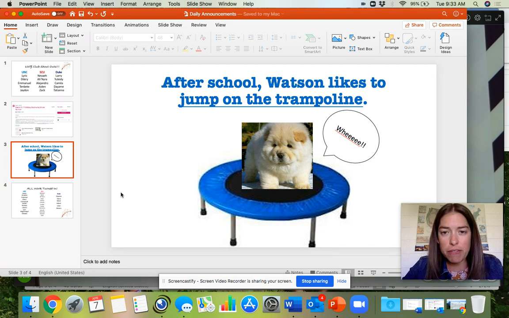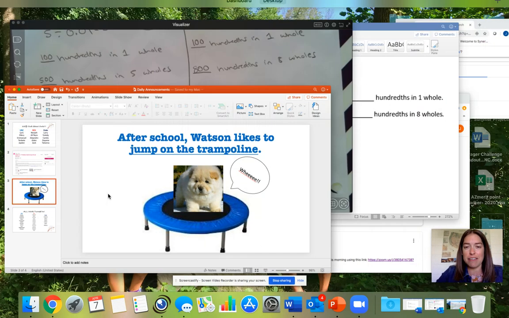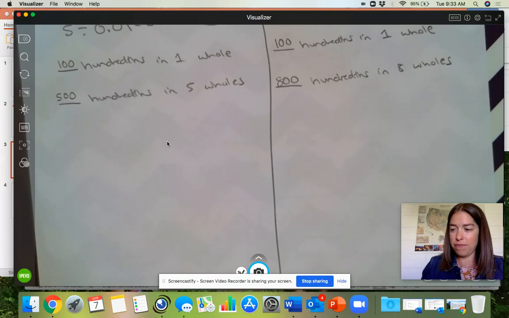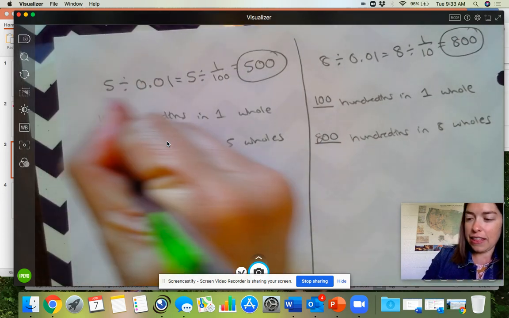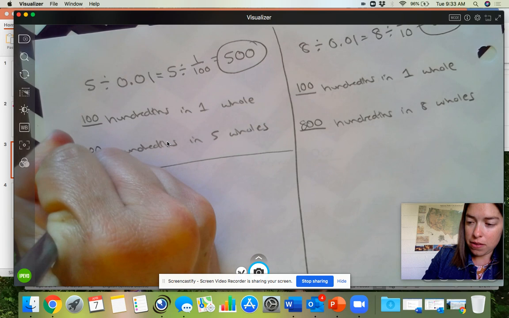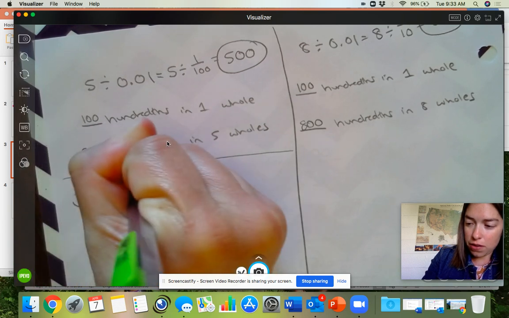If you're worried you might forget that, this is a great thing to just write down in your notes. You have all of your math here, so you can use this when you're doing your independent practice. I would just write down that Watson likes to jump on the trampoline. This is also a great time to make sure you're spelling everything correctly. So I might even just go to my notes and write down, what do we learn about Watson?